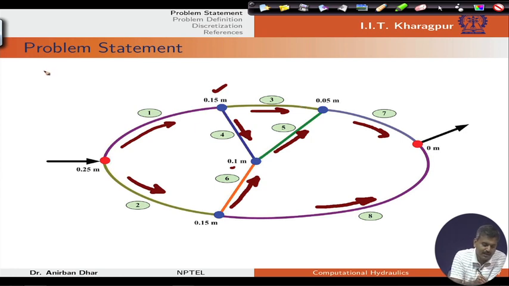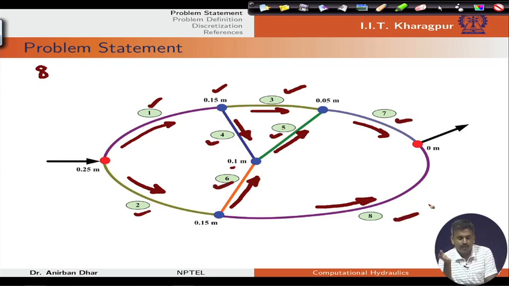So, we have 8 channel reaches 1, 2, 3, 4, 5, 6, 7 and 8. For this we have 4 internal junctions, this is 1, 2, 3 and 4, and red ones are external junctions or points where we need to specify the boundary condition.